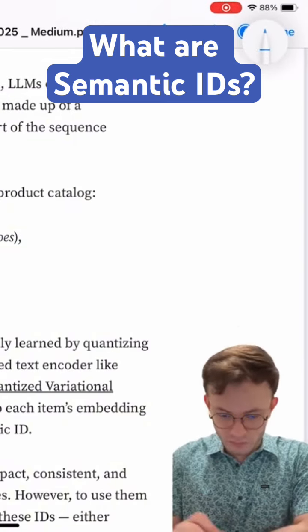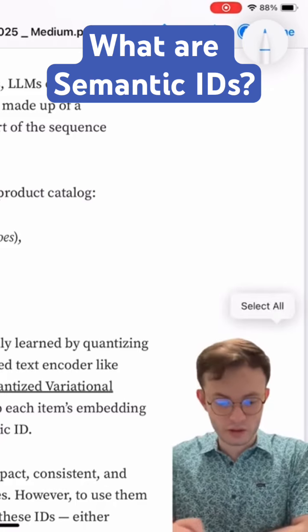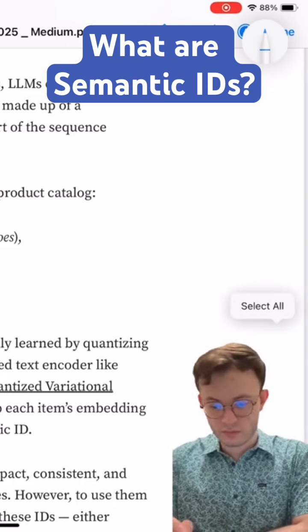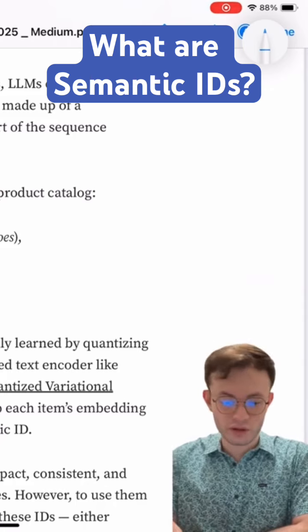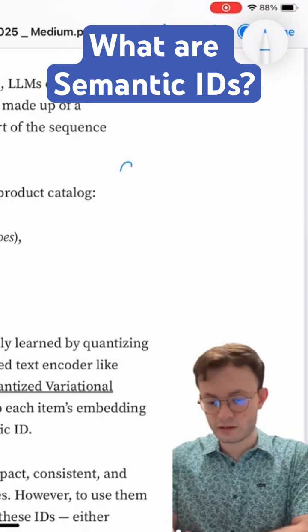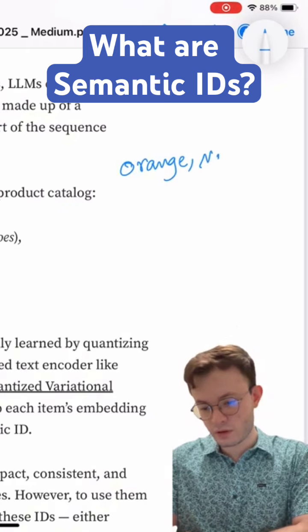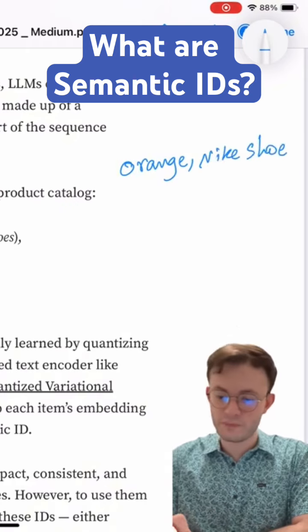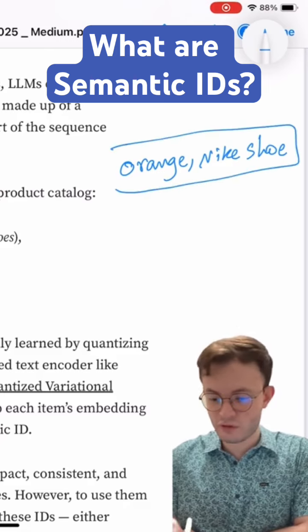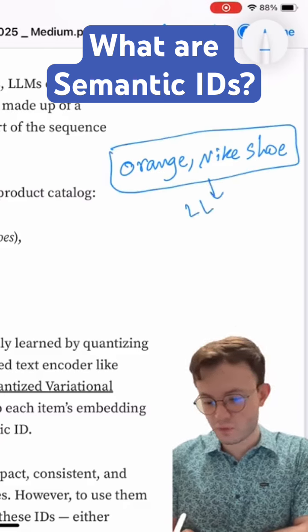Basically each item would be like a red Nike shoe, or an orange Nike shoe, or something like that. Let's say orange Nike shoe. This is the title that previously we would have given to the LLM.